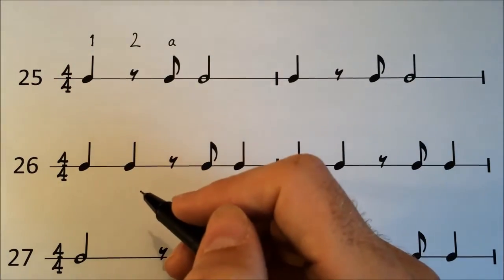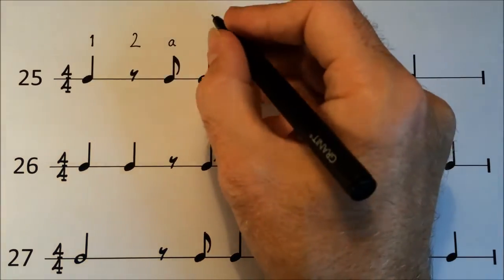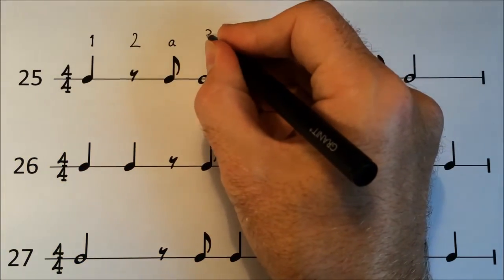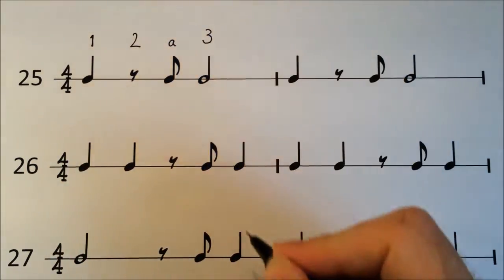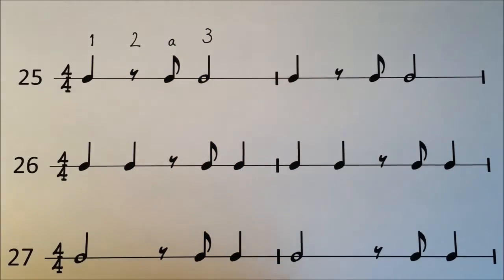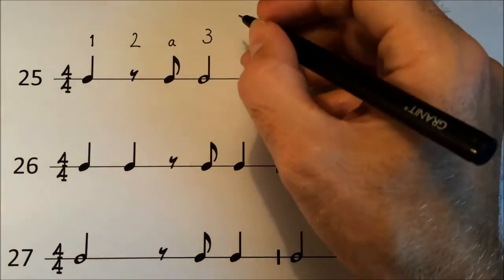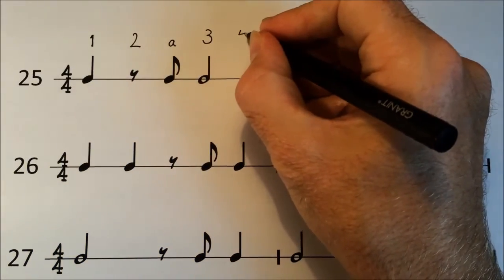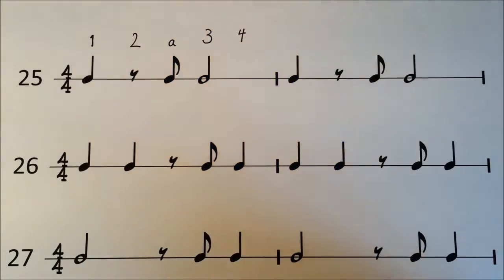So then we know that the next thing that we have would start on beat number 3. So we'll put a 3 straight on top of that note, and if we identify it and how long it lasts for, we'll see that it's a half note, so that would last for 2 beats, so it would cover the third and the fourth beat. So we'll put a number 4 right after here as well.